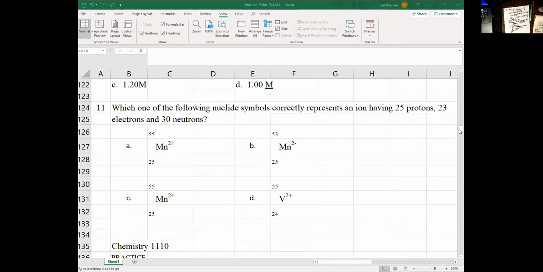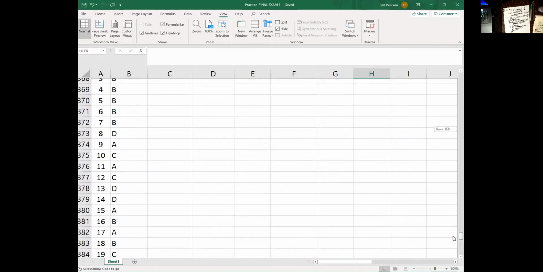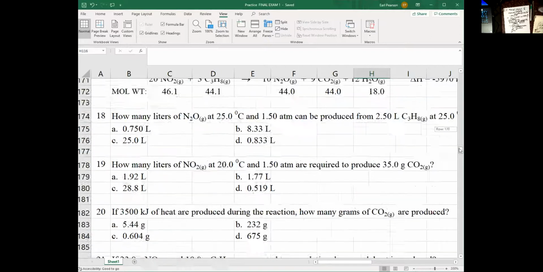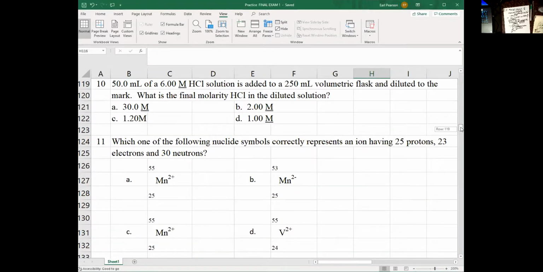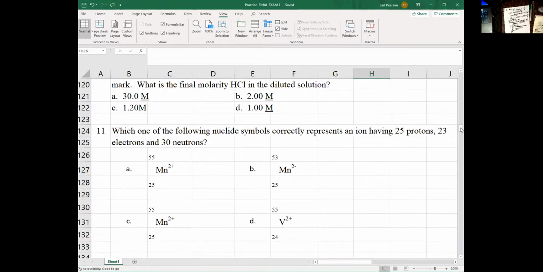Let's go down and see what the answer is supposed to be and fix it, because I know the other one that should have been there. Which one was number 11? We said the correct answer is A. So we'll leave that one alone. Now, what probably should have happened was to calculate the charge number the opposite way.